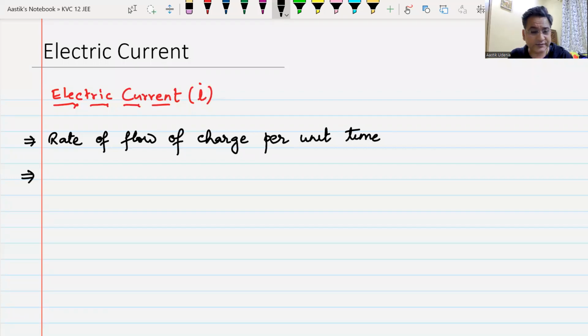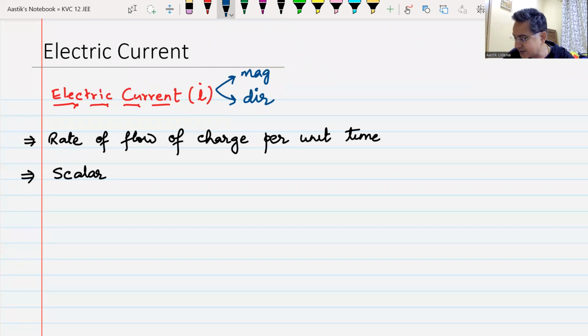Scalar, sir. It is a scalar quantity, but a very peculiar type of scalar quantity, because electric current has magnitude and it also has a direction. We'll see the direction as well as the magnitude, but it is still a scalar quantity.